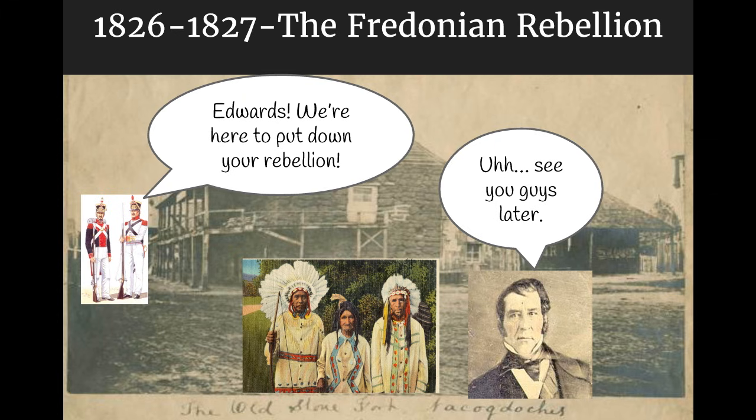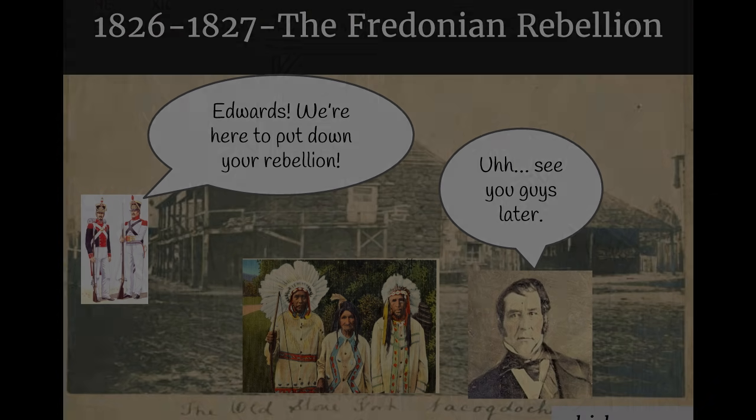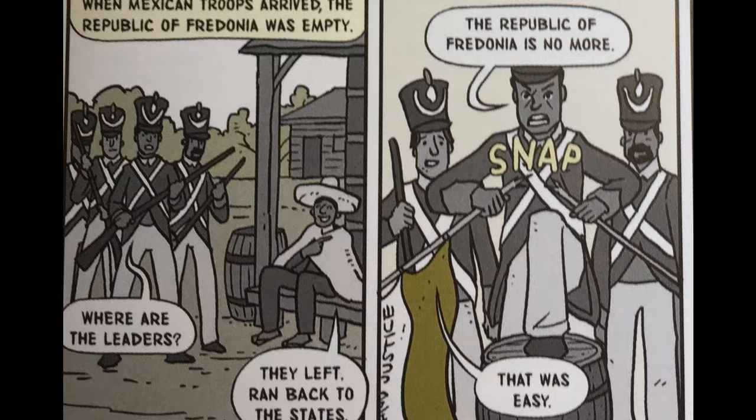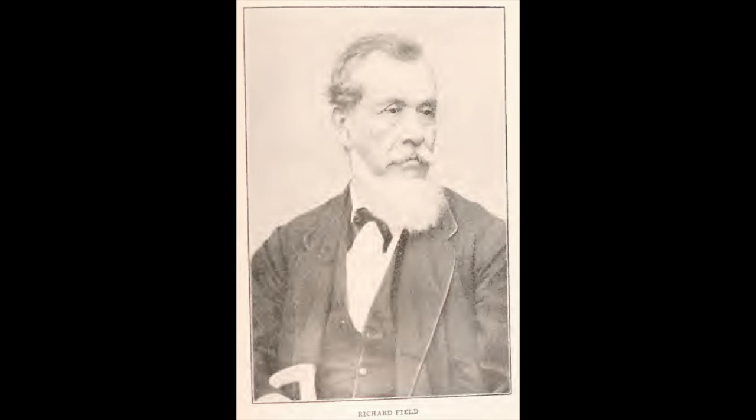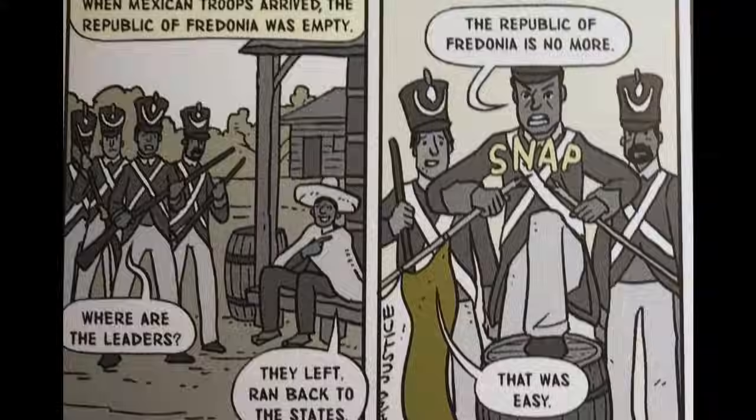He runs away with his brother, and there is no one left except for the Native Americans. Richard Fields, the Cherokee, was hanged and put to death. But Hayden Edwards basically gets off the hook for free, and Mexico has put down the Fredonian Rebellion. And Stephen F. Austin supported them in putting it down.